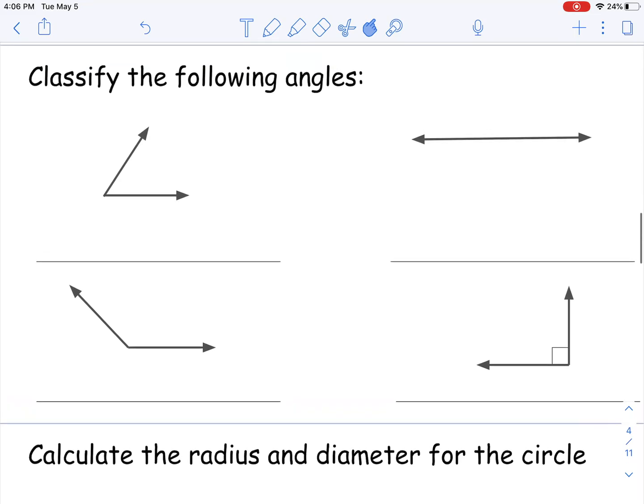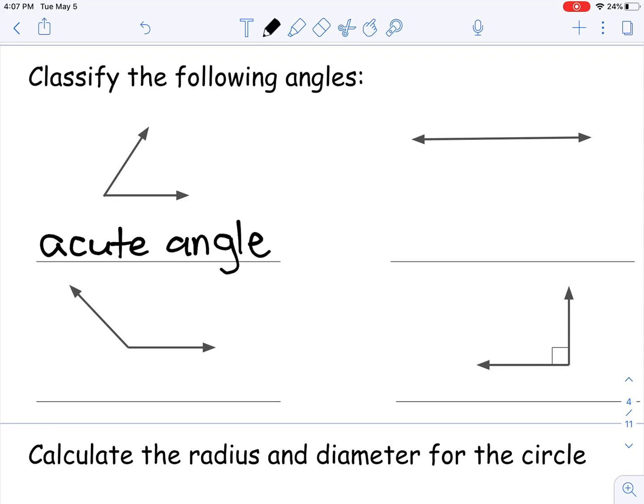You're going to classify some angles. So remember, if it is greater than 0 degrees and less than 90, we have a cute little acute angle. Make sure you're writing angle and not angels. Okay, those L's and E's. If it makes a straight line, well, it's a straight angle.